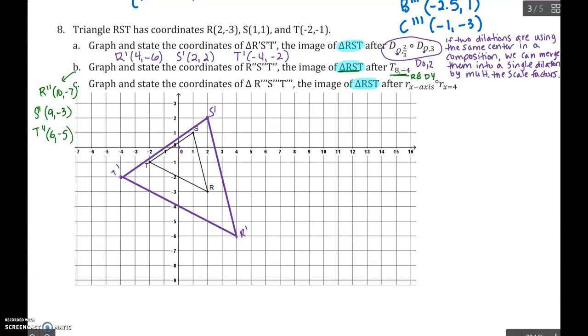Or like I said, you could go right 8, 1, 2, 3, 4, 7, 8, and then down 4, but from the original. And you would get R prime, S double prime, and T double prime that way.